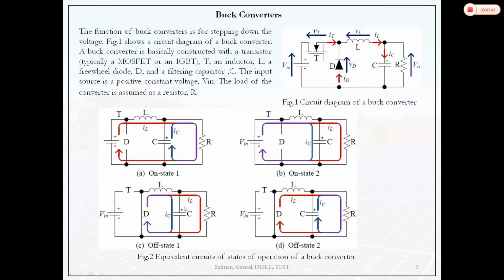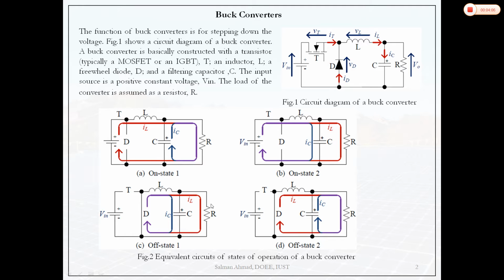But in the off state the switch is off, so this diode will be in forward bias because the inductor current will continue to flow through this path. In off state 1, the capacitor and whatever energy is stored in this inductor will supply energy to this load.